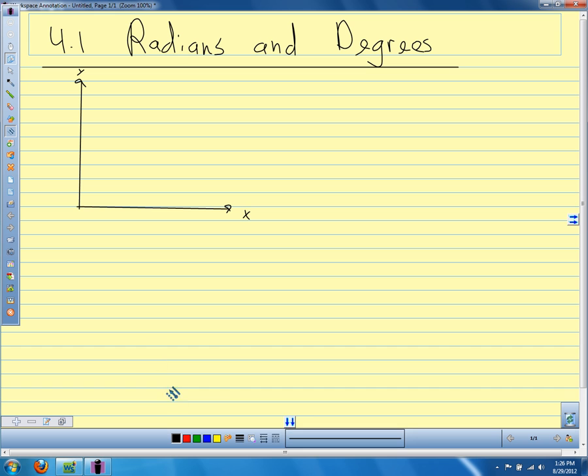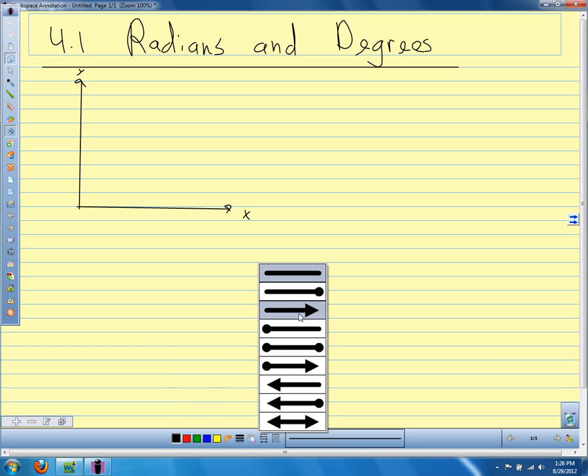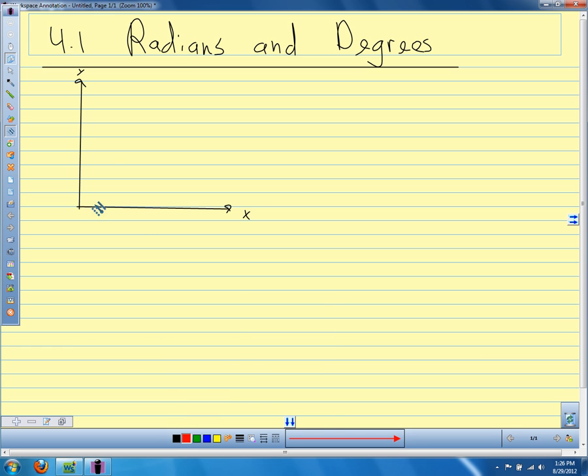I'll draw the angle in red, and I'll do it this way. So there's my angle, like so. And our angle is just the amount of rotation to get from one side to the other side of the angle.